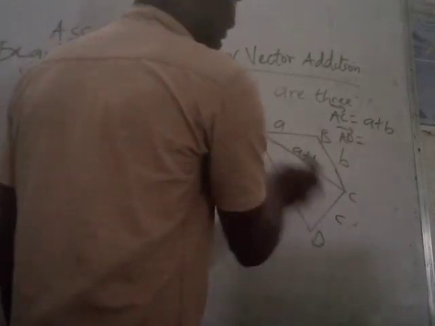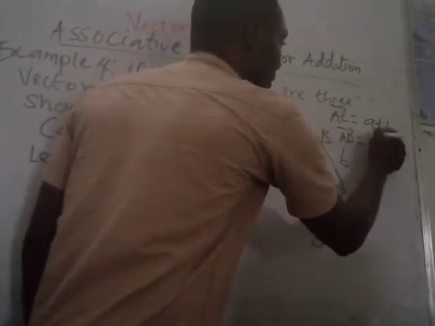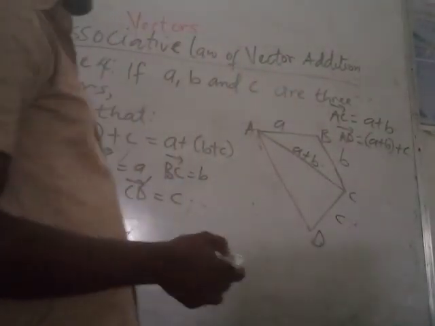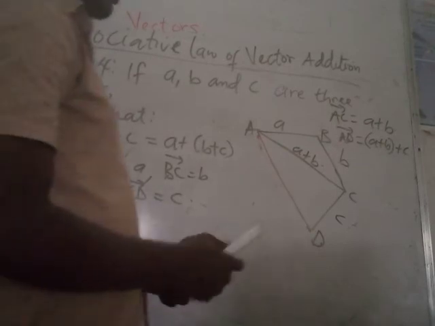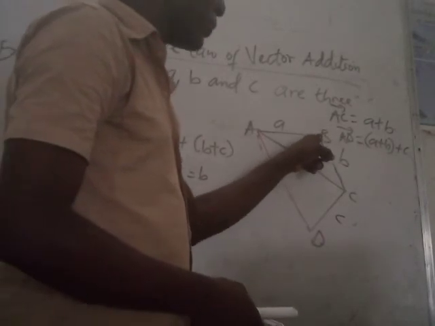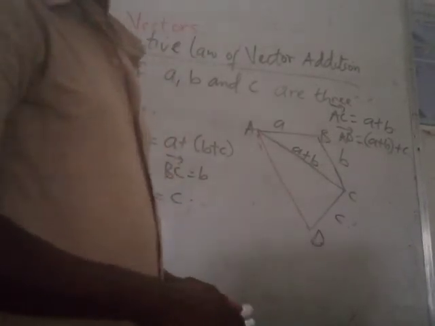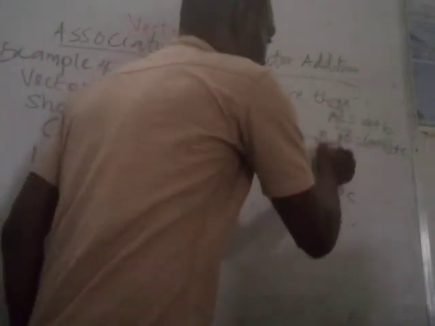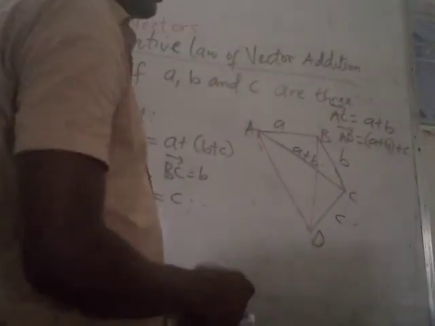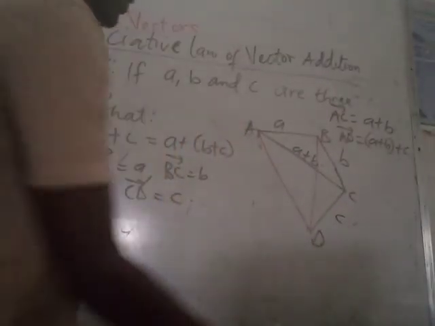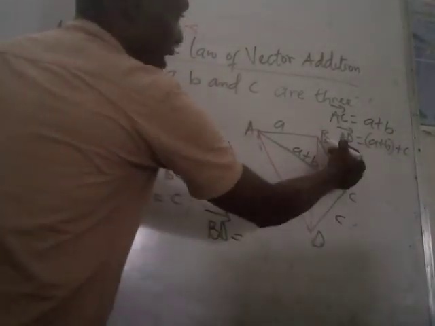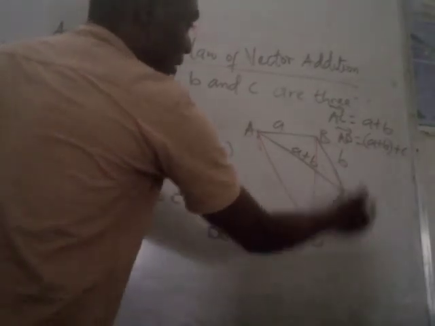AC plus CD, and AC is A plus B, plus CD, C. Again, I can start from point A and move to point B, and from B directly to point D. So in this case, I can have this. So the resultant BD of these two vectors BC and CD is B plus C.